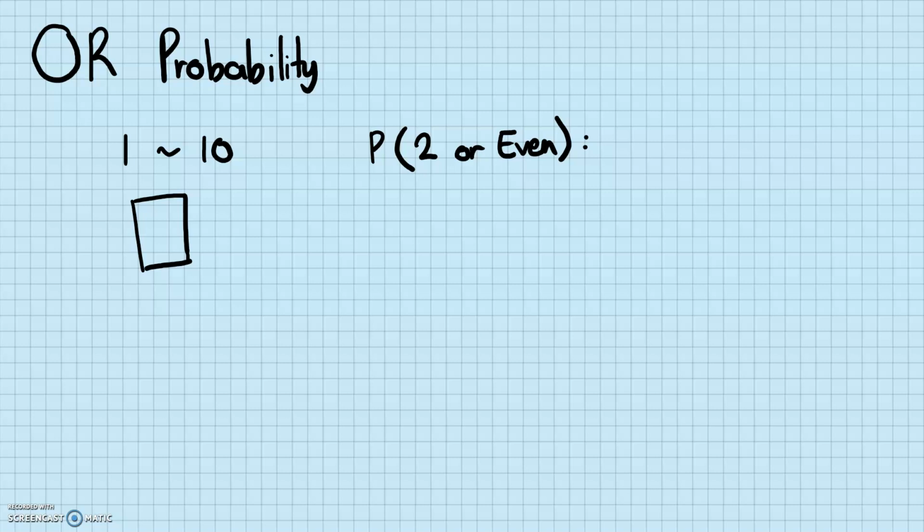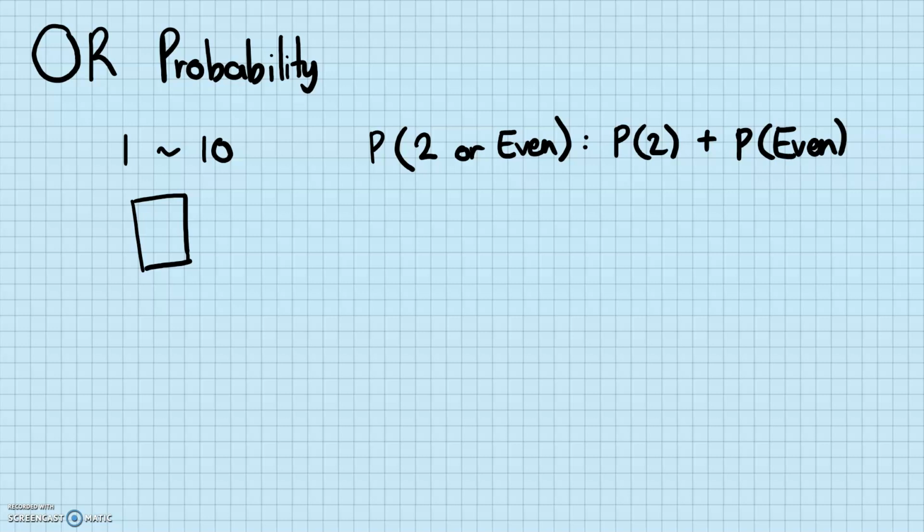Yes, you can. You can pick a 2, because 2 is an even number. That's going to be both a 2 and an even number. So this is a non-mutually exclusive event. In this case, you can't simply add the two probabilities.